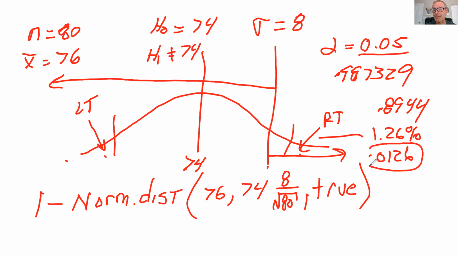So if this tail is 0.0126, the left tail also has to be 0.0126. And so remember, if this number is less than the mean, then you'll be calculating the left tail. If this is greater than the mean, then you're going to end up calculating the right tail.